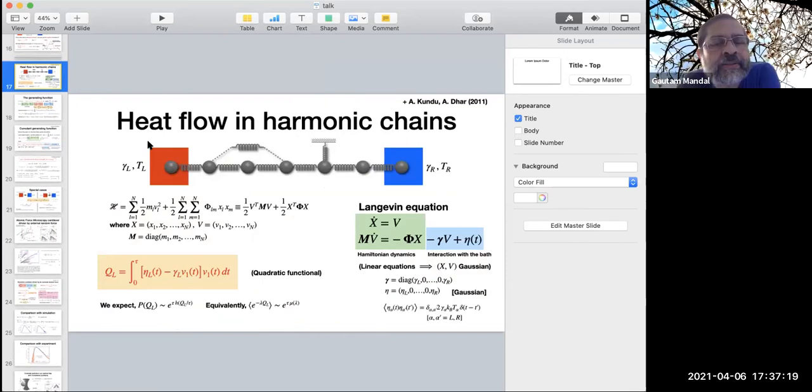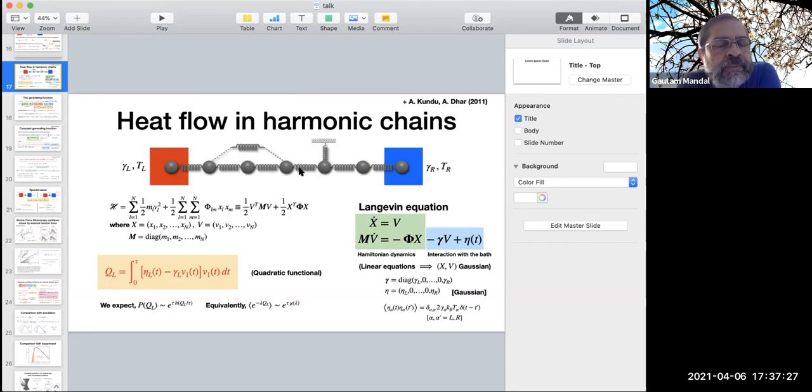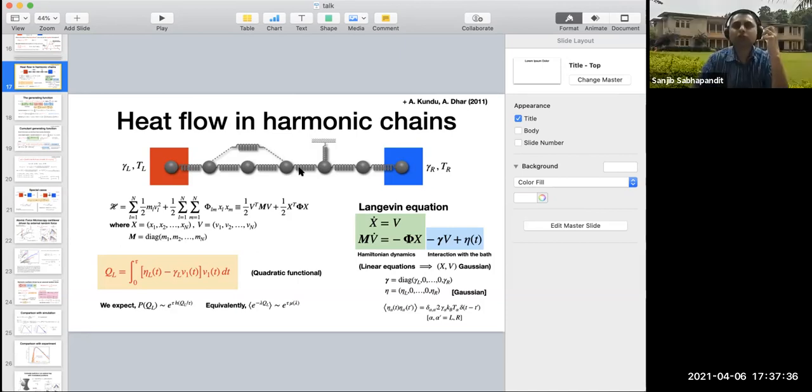In principle, you can look at the heat transfer here, or here, or here, and for each term you will have a distribution. So you ignored the cold bath as the sink. What we looked at is the heat flow to the system from the left bath.